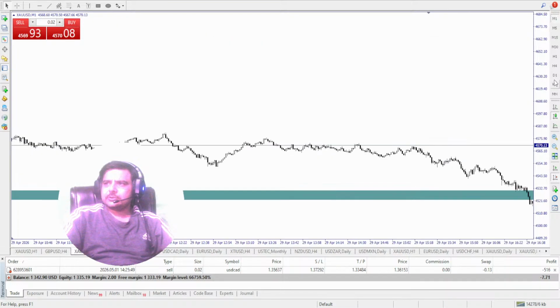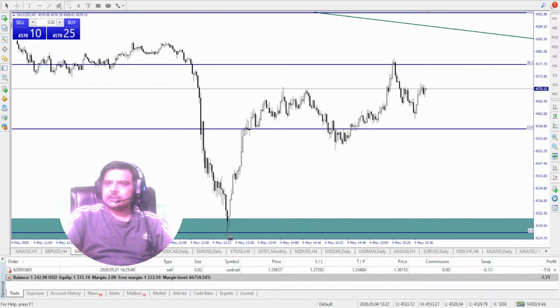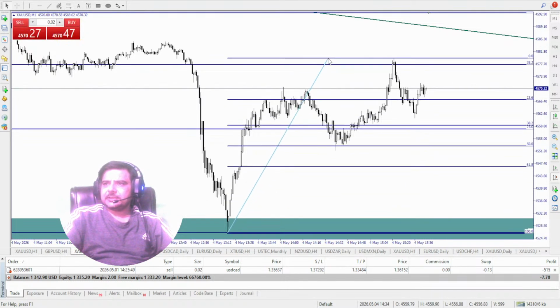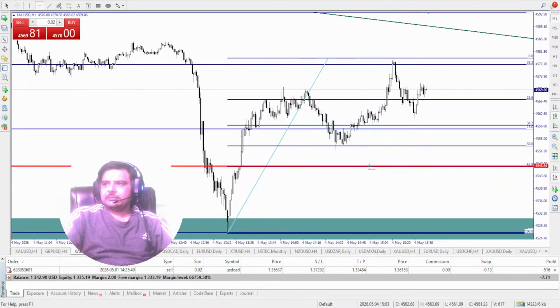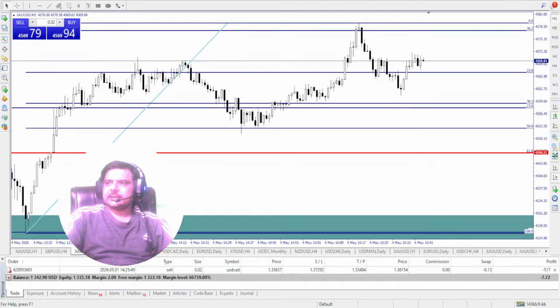This plan is good. If it prints one good candle, that's fine, but if it gives us a good correction back down, that will be even more fine. 45, 46, let's say. So let's see if it dropped till here or not in the NY session.